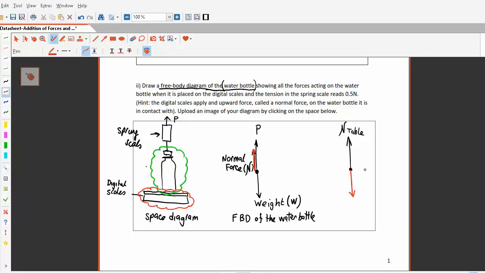Okay, so these forces here, this is the normal force on the bottle. What we see here is the free body diagram of the digital scales.